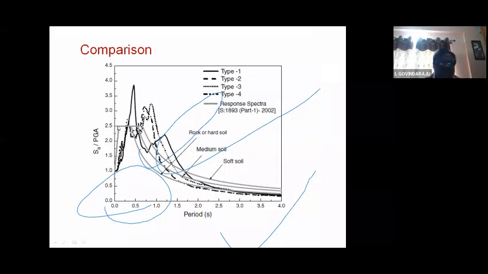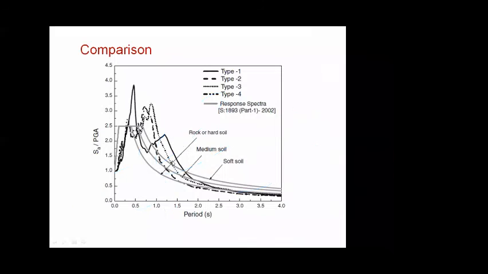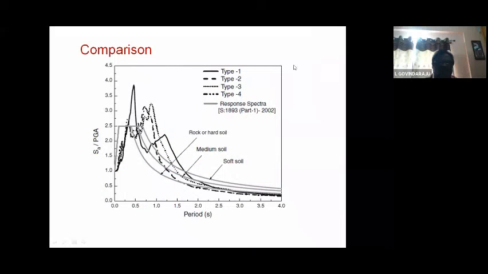Please note that the values recommended by the IS code 1893 of 2002 terminate at 2.5. But here in the Calcutta region, we are noticing this site amplification, and the spectra must be slightly above that, around 2.5 to 2.8. This is what we observed from our studies, against the IS code spectra for rock, medium soil and soft soil.